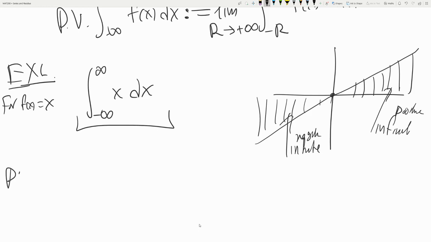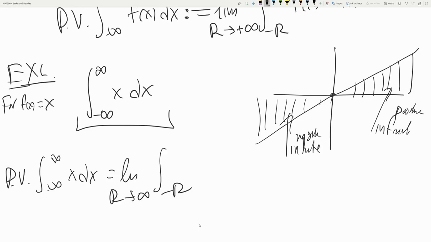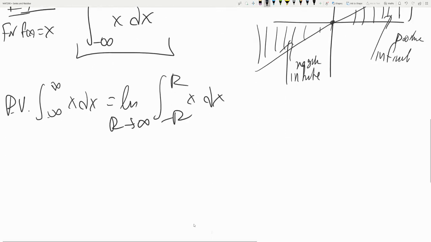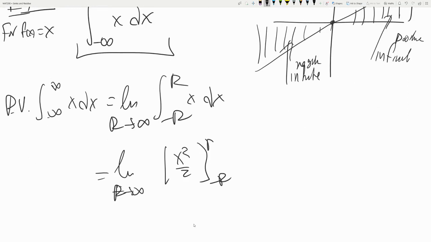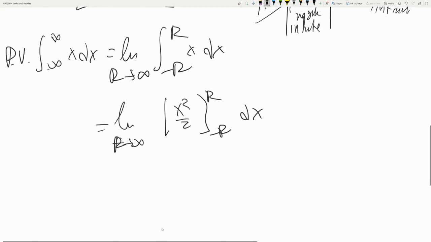So the principal value of this integral is what? Minus R to R, yep. So this is x squared over 2 from minus R to R, right? So let's see, what is it?